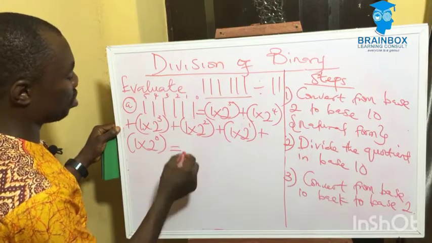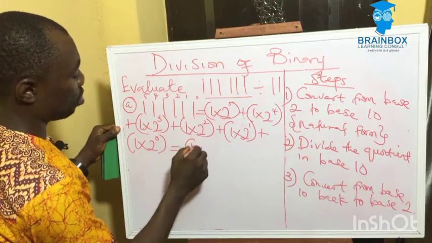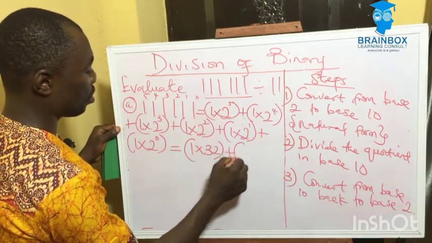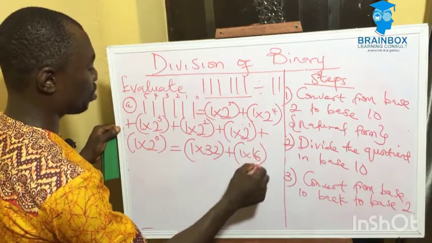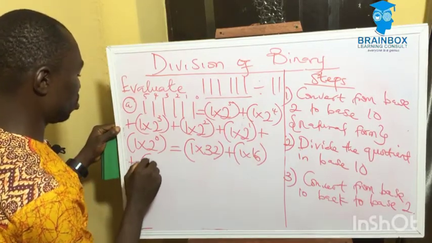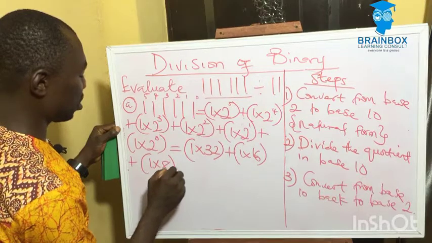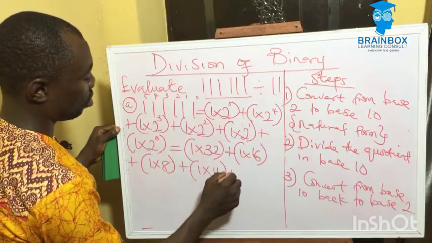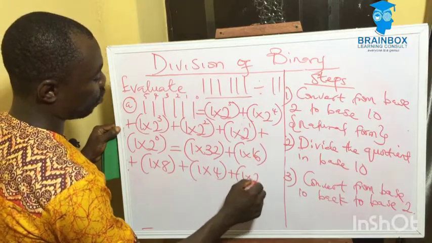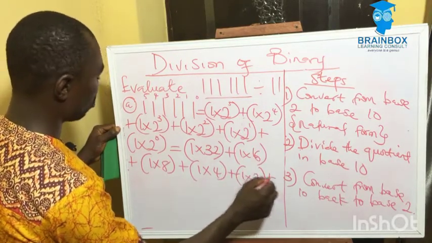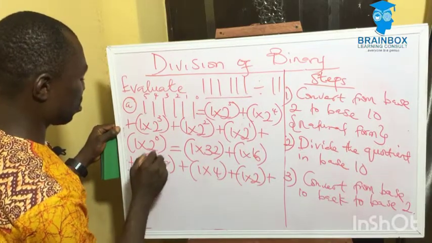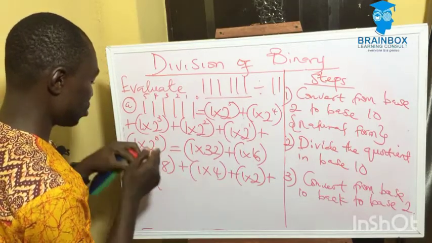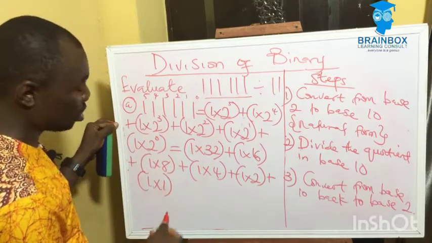Let's see what that will give to us. 2 raised to the power of 5 gives us 32, plus 2 raised to the power of 4 gives us 16. 2 raised to the power of 3 gives us 8. 2 raised to the power of 2 gives us 4. 2 raised to the power of 1 gives us 2, plus 2 raised to the power of 0, of course, gives us 1.